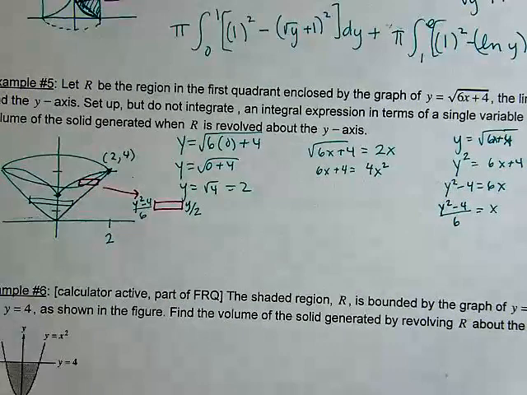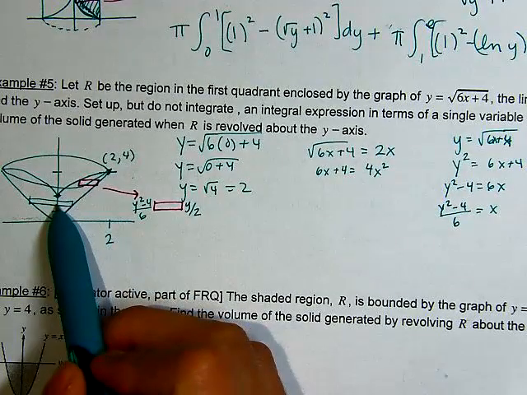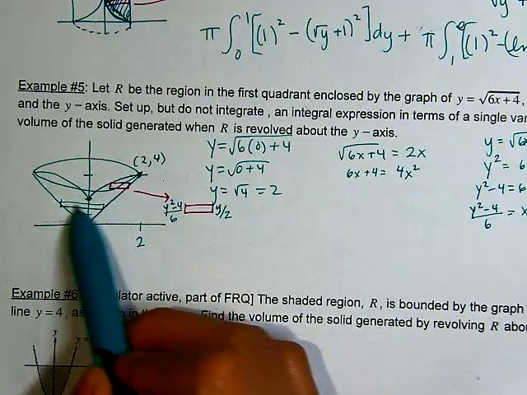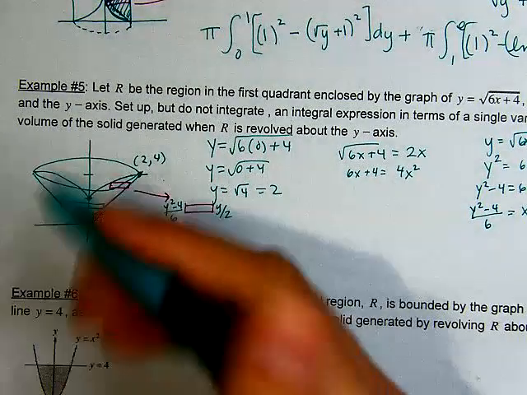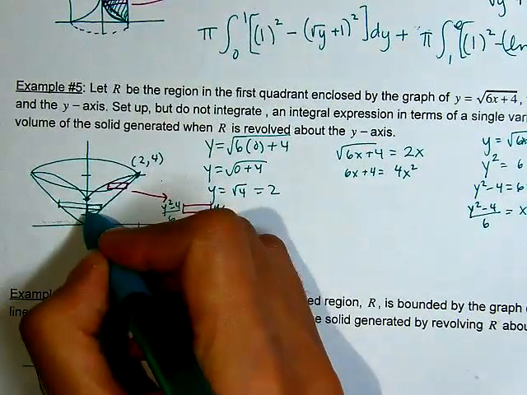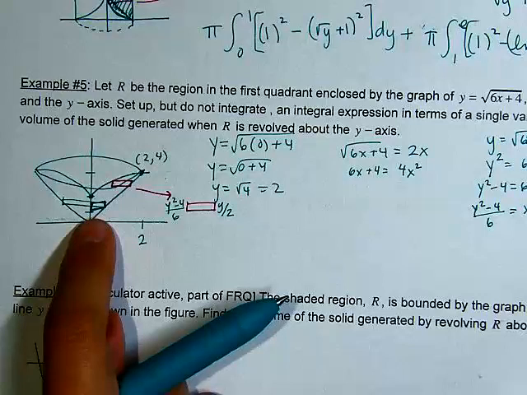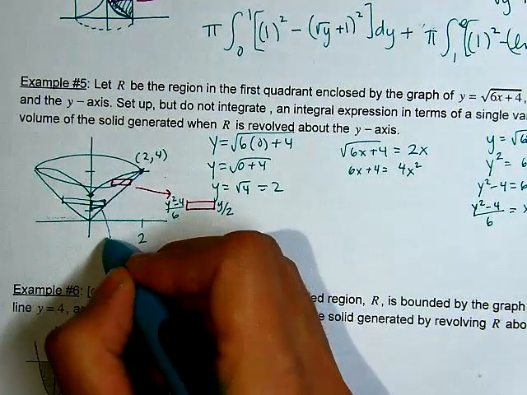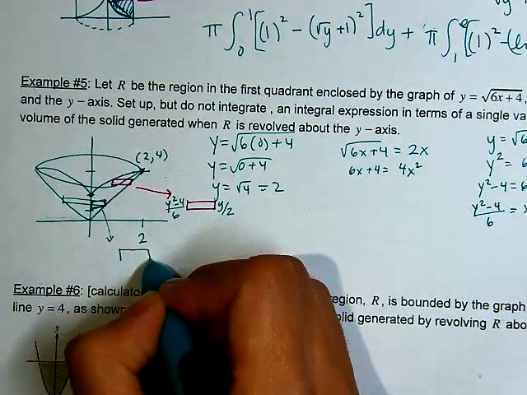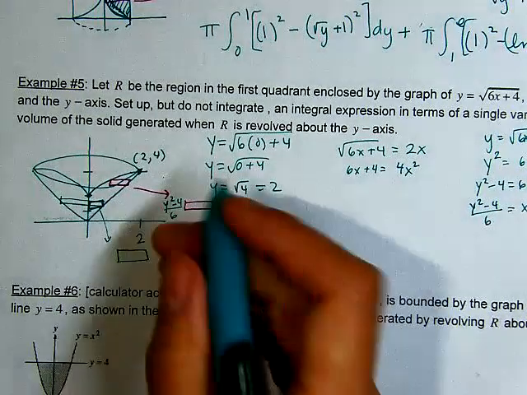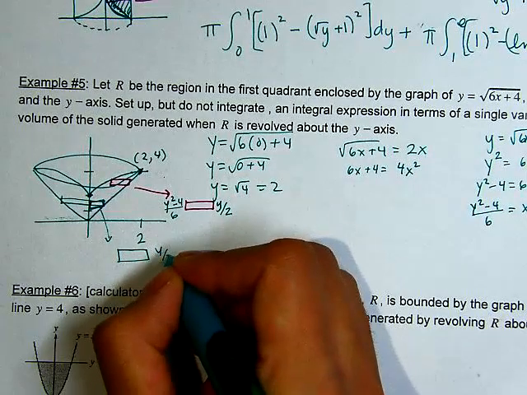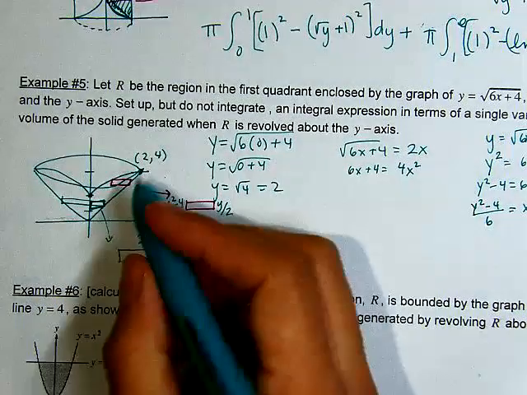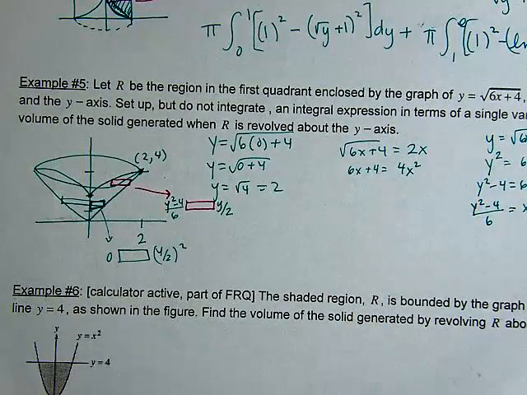So here you'll notice when you draw your slice, a radius is just half of this. So we're really just looking from here to here, because if we looked at the whole slice, we'd be looking at the diameter. So here my outside slice is y over 2 squared. My inside slice is just the y-axis, so in other words, it's just 0.